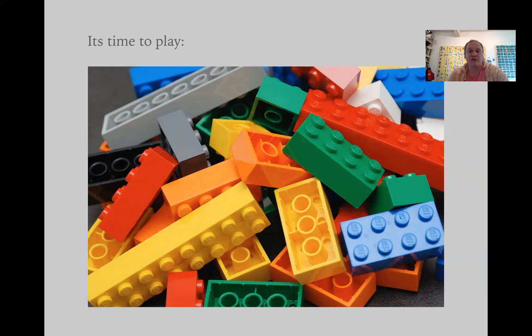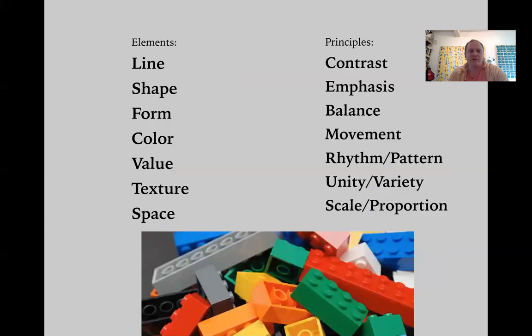We could also say they're proportionate to one another. We could say that as a whole, each of these blocks takes up a small scale of the overall available space. And we could probably apply all the elements and the principles to this slide. And here they're listed again. So all of our projects will in some way incorporate these.